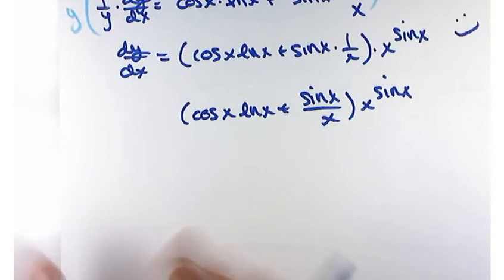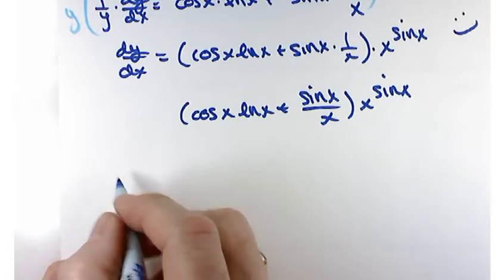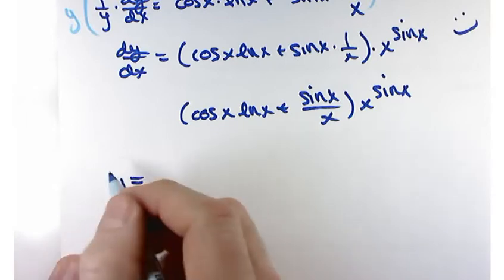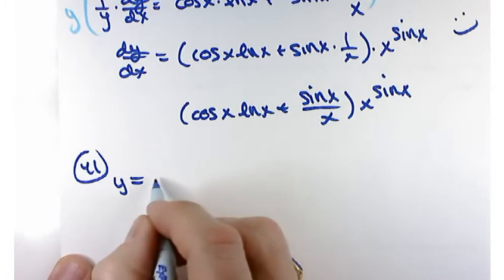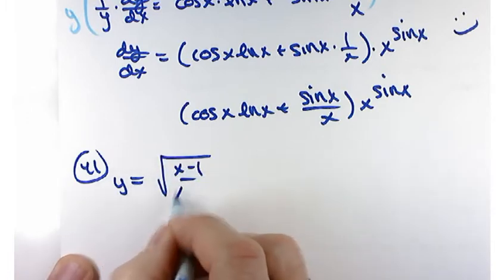I'm not going to do this one out, but another example of a place where you could use logarithmic differentiation would be problem number 41. y equals the square root of x minus 1 over x plus 1.